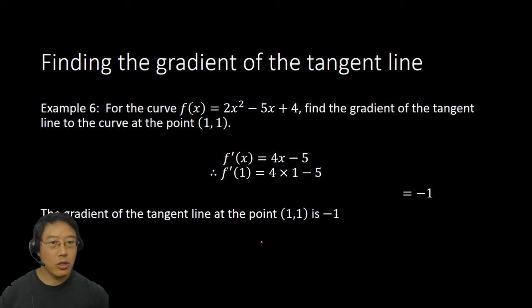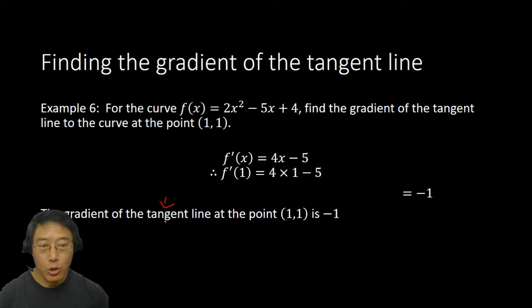Now I don't know if it's mentioned later, but I want to do that right now. Can you tell me how you figure out the equation of that straight line, of that tangent? Anyone? No one? Okay, so what I want you to figure out is the equation.